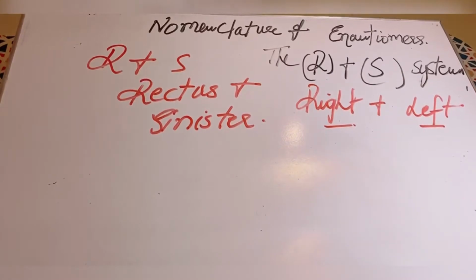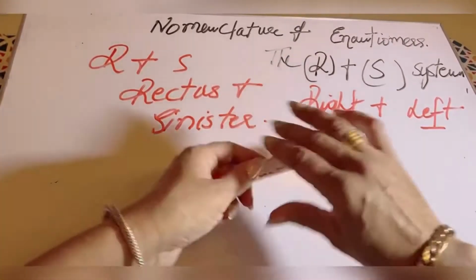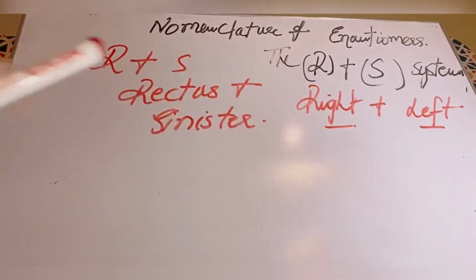So if somebody asks you what R and S are, you simply say these are Latin words, and they are simply termed as rectus and sinister, or R and S forms, right? This is it.